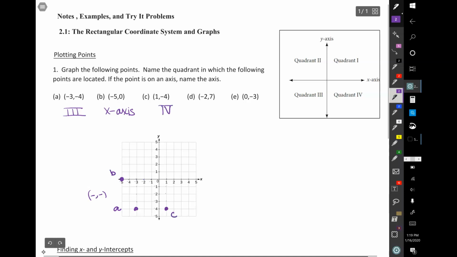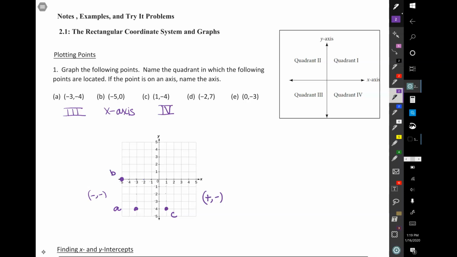And if we were to write how the signs go, we would have a positive for the x and a negative for the y. So I'm just writing parentheses, plus, comma, and a negative sign.